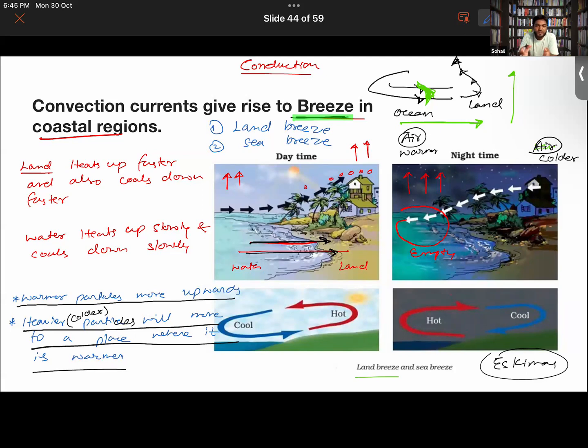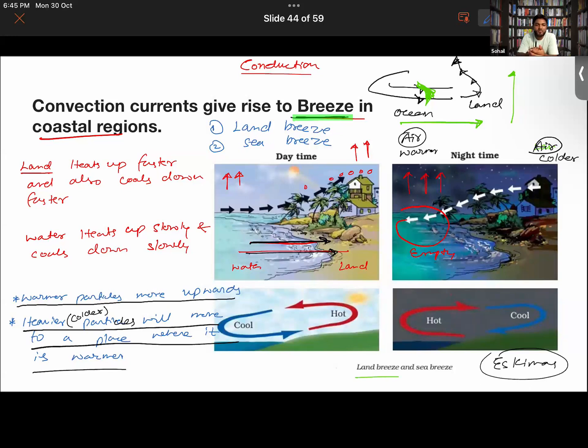So is it occurring due to conduction? Listen to the question first. This land breeze and sea breeze, is it because of conduction? Are these happening because of conduction? No, sir, they are happening because of convection.